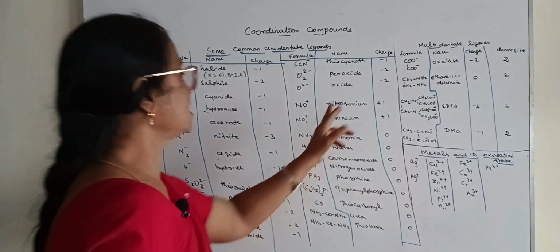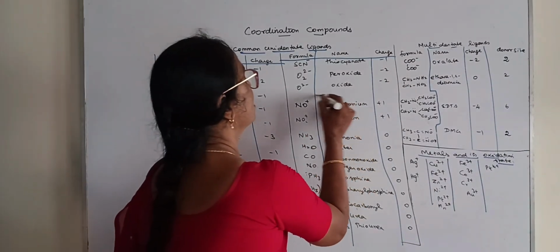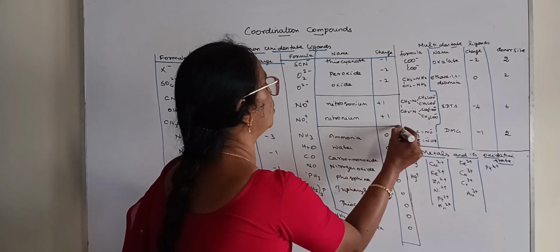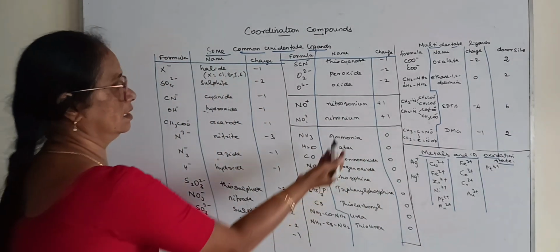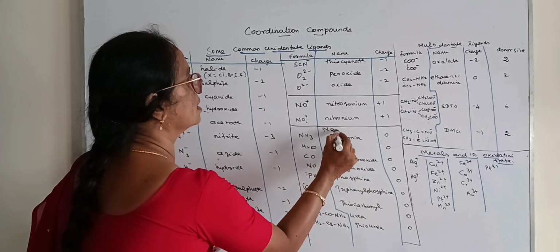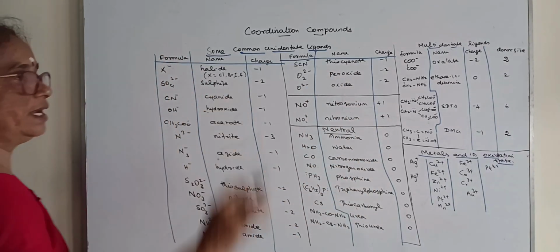And some of the cationic ligands are there. Here I have given nitrosonium and nitronium alone. And the rest are neutral ligands. So in all these cases, these are all unidentate only.